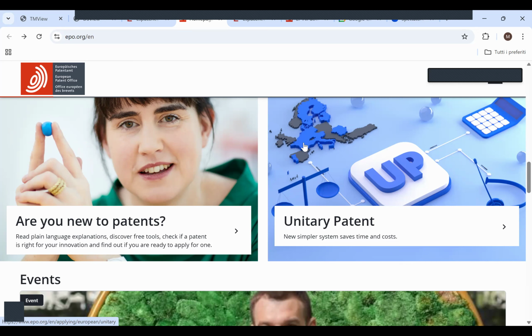So you are automatically protected in all the blue countries you see here. And it's something that, of course, may be very useful if you're interested to work in Europe. Then you may anyway ask for an international extension in other countries that are not part of the unitary patent. But it's something very, very useful that has been developed to help you to counteract the cost of patenting, I think.